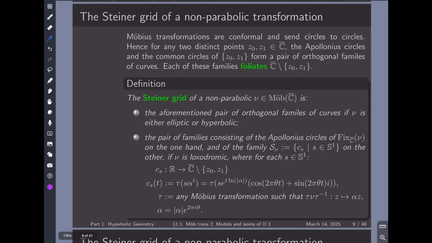And now the Steiner grid. At some point I do want to show you some animations, but maybe let me deal with the Steiner grid of a non-parabolic, and then we see some animations.